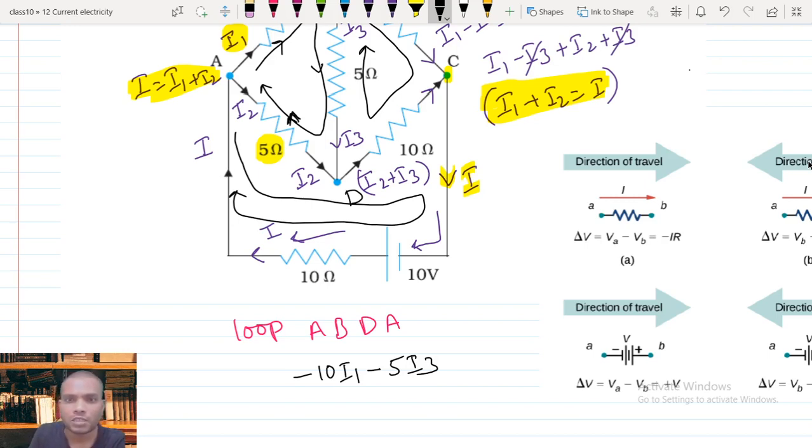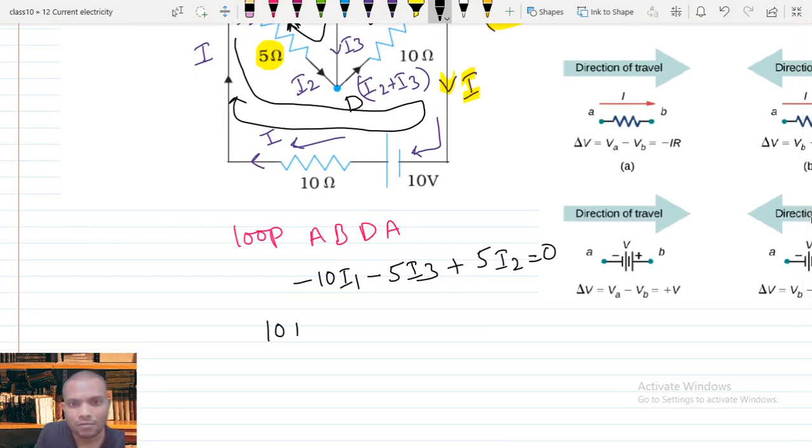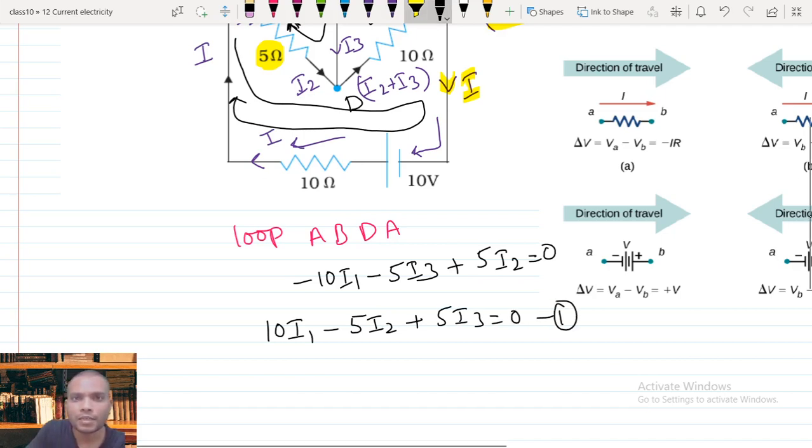When it's opposite, we take that as positive. So finally here I get plus 5I2, which equals 0. If I write this expression properly, taking the minus common, I can write it as 10I1 plus, writing I2 first, minus 5I2 plus 5I3, which equals 0. So this is the first expression from the loop ADBA.